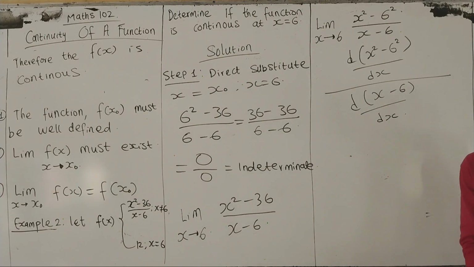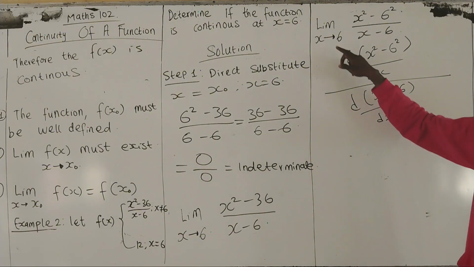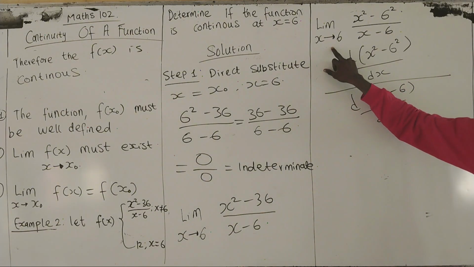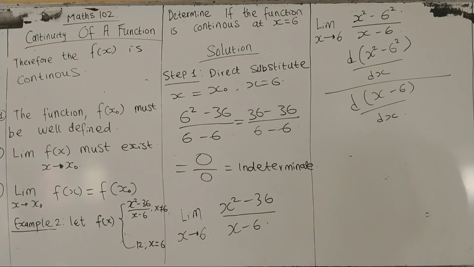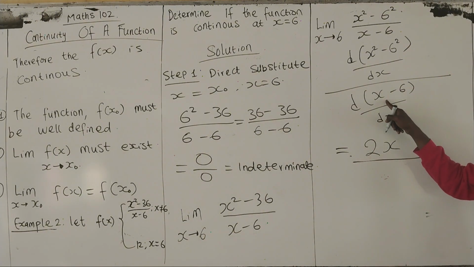Then when you do it, you should not direct substitute the value x is approaching. Are you getting me? If you differentiate the numerator, what will you have? 2x, all over. If you differentiate the denominator, what will you have? 1.